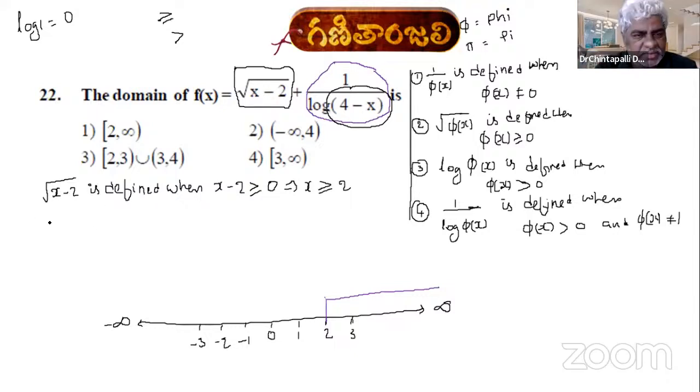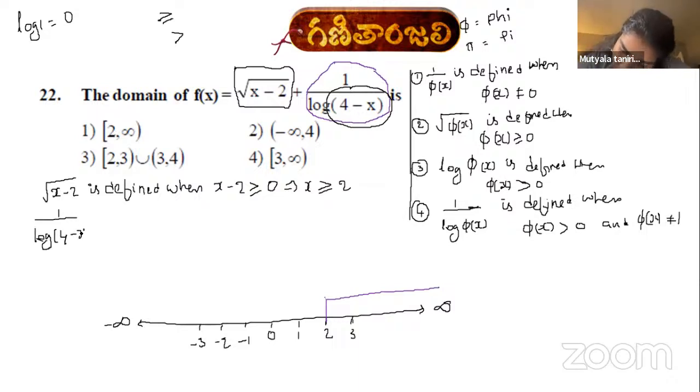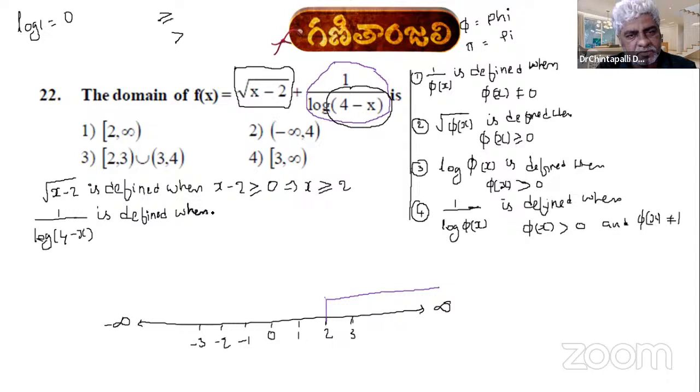That means 1 by log of 4 minus x is defined when 4 minus x is greater than 0.